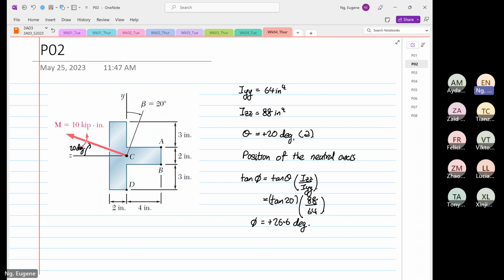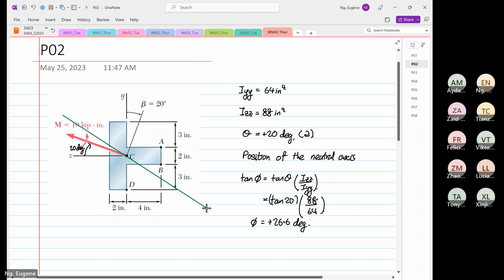So what this means is from Z, okay, I highlight again, I repeat it. From Z, our position of our neutral axis is like this. Okay, I'm drawing 26.6 degrees.